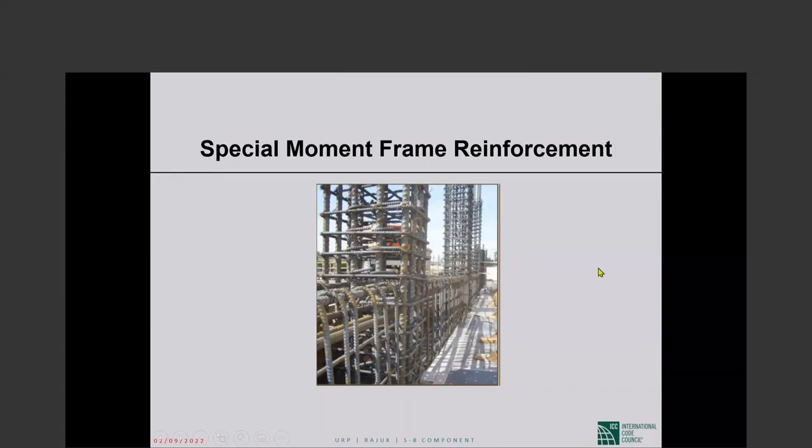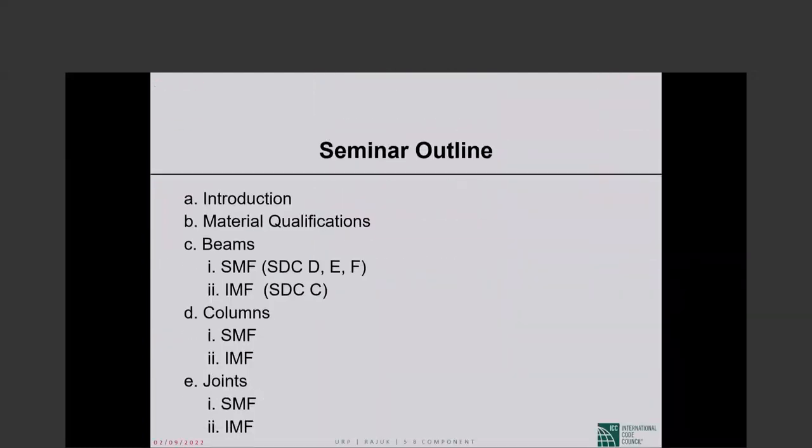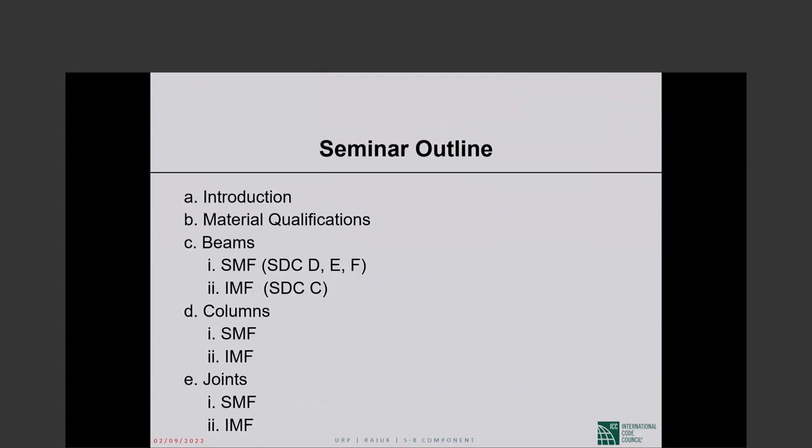Okay. So this is kind of what you are dealing with, and the concrete placement is always a concern. There is so much reinforcement that you have to put into the members. You still have to make sure that concrete will get in and can be consolidated.